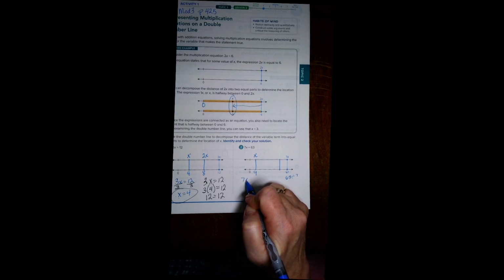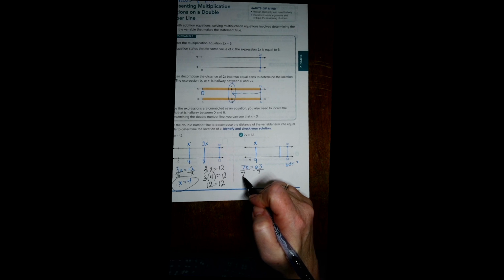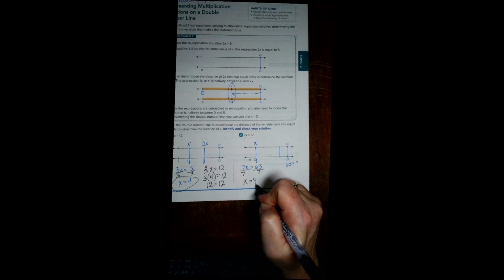So 7x equals 63. So what we've essentially done is we divided the top part of our double number line by 7, and we divided then the bottom portion of our double number line also by 7, because what we do to one side we have to do to the other. 7 divided by 7 gives us 1, or just x, equals 63 divided by 7 is 9.